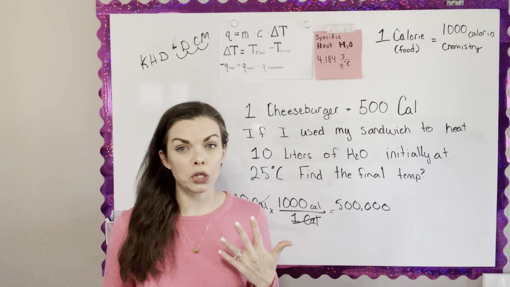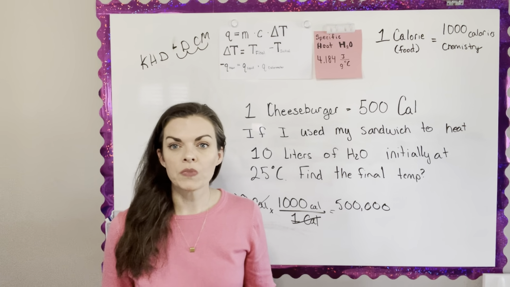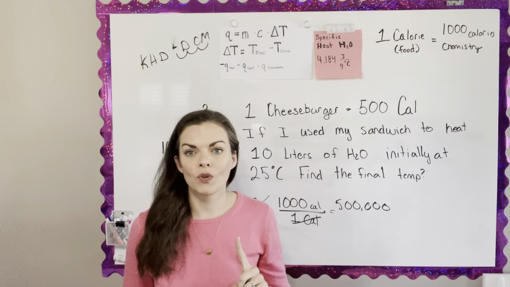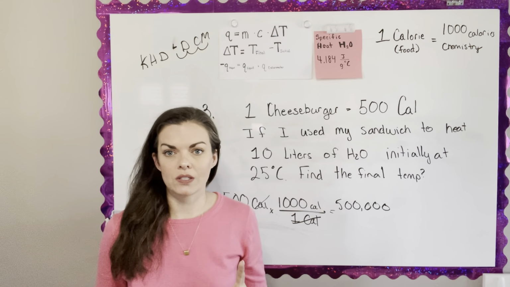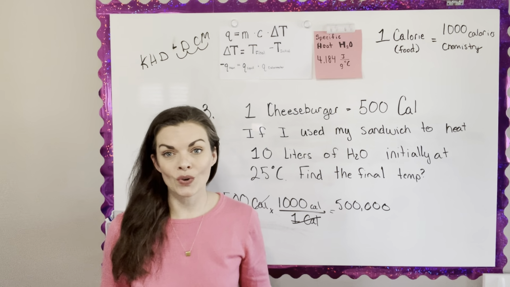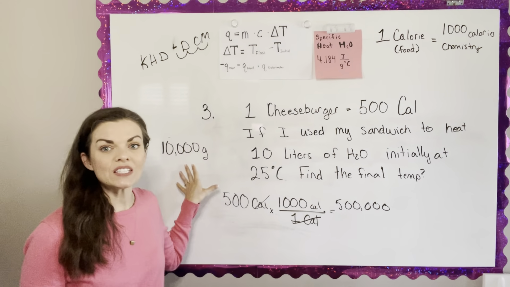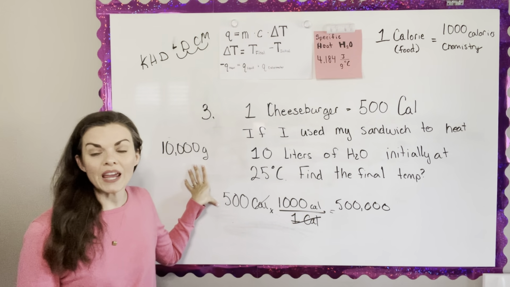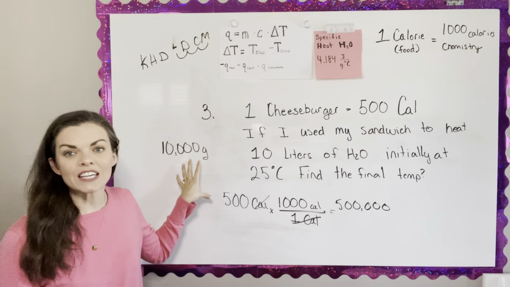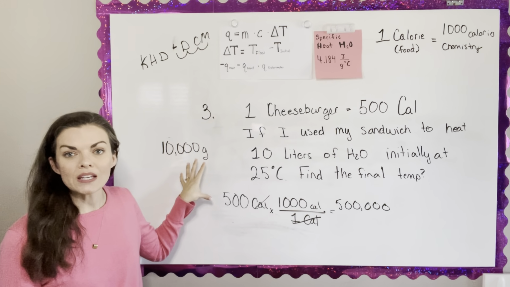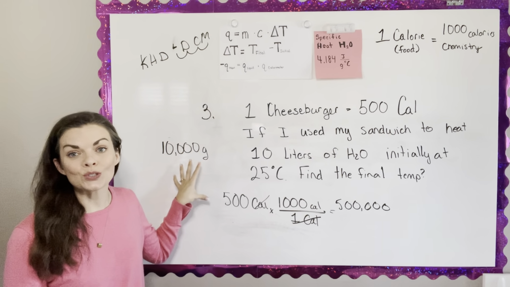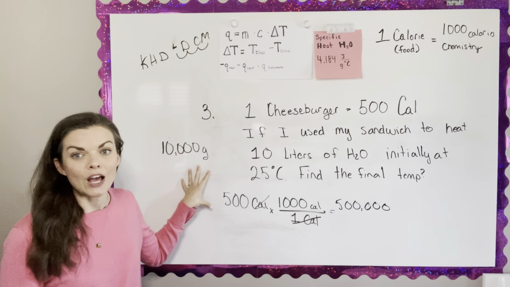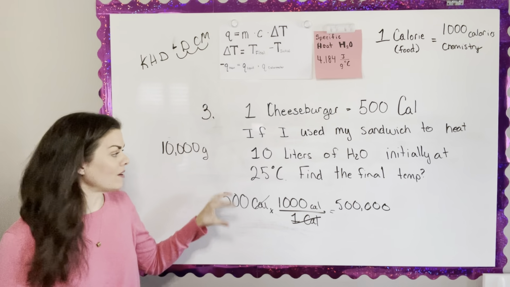And now we just have to kind of logically think this problem through. So if every calorie raises up 1 gram of water 1 degree Celsius, well, I don't have 1 gram of water. I have 10,000 grams of water. So it will take 10,000 calories to raise this 10,000 grams of water up 1 degree Celsius. So how many calories do I have?